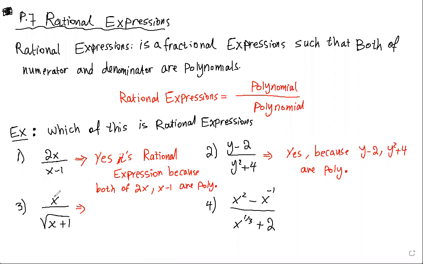That's true. For the numerator, x is a polynomial, but for the denominator, square root of x plus 1 is not a polynomial. So the answer is no, because square root of x plus 1 is not a polynomial.